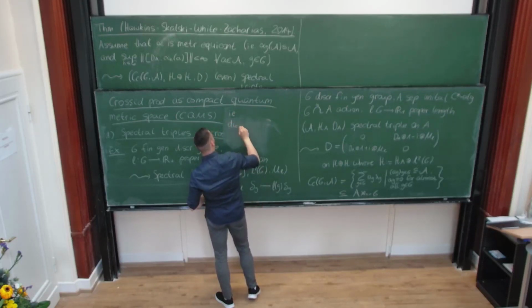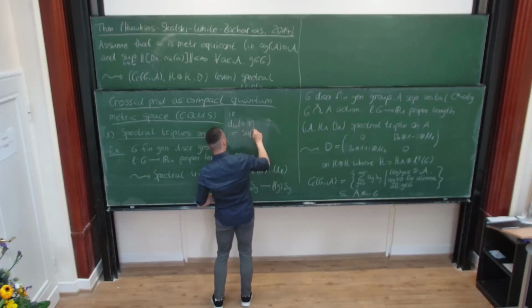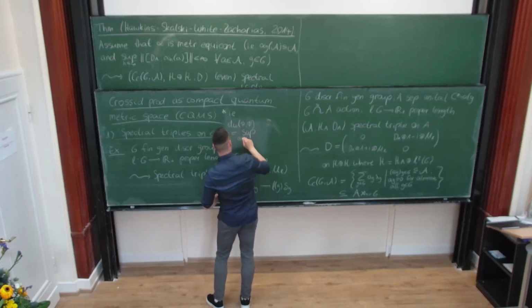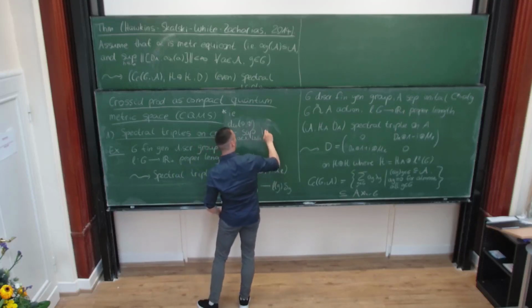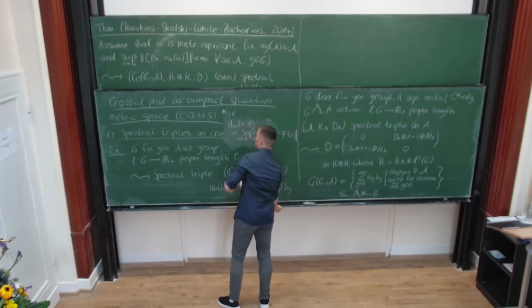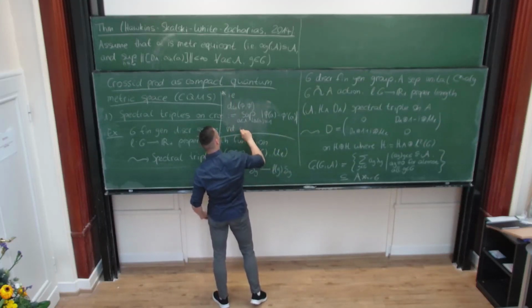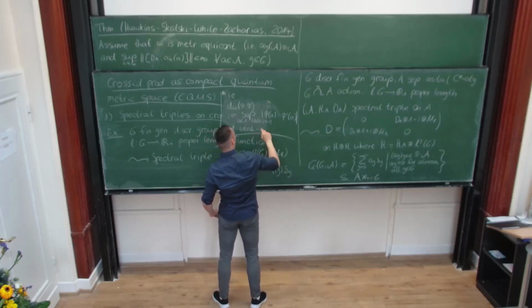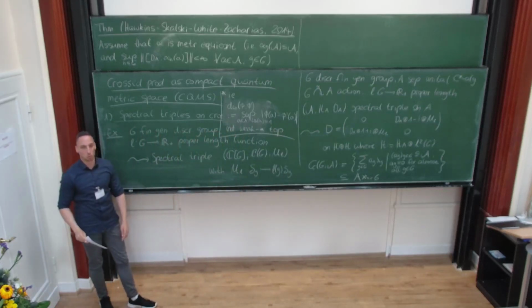This metric is the supremum over all a with L(a) smaller than or equal to 1 of the distance of phi(a) to psi(a), and it induces the weak star topology on the state space of the star algebra A that we speak of in this context.